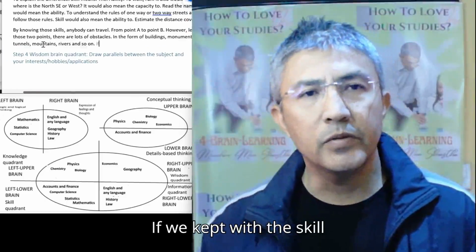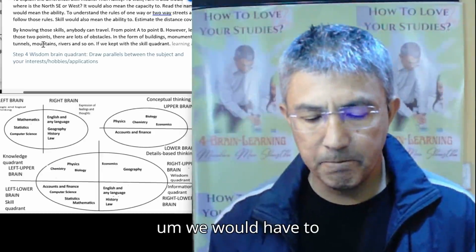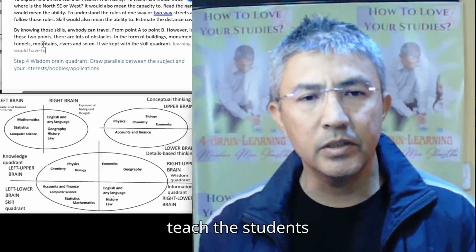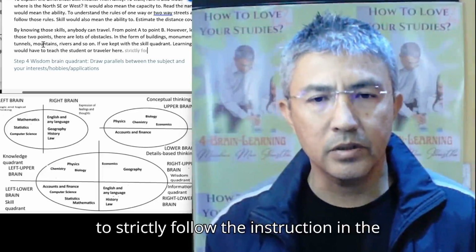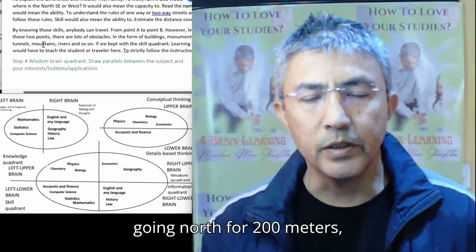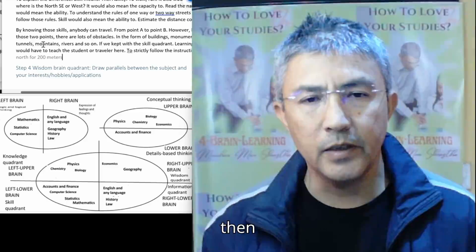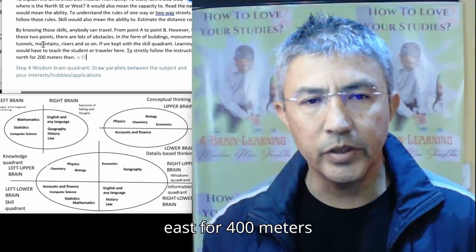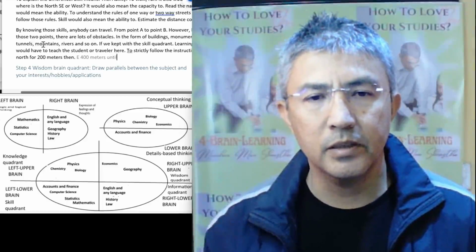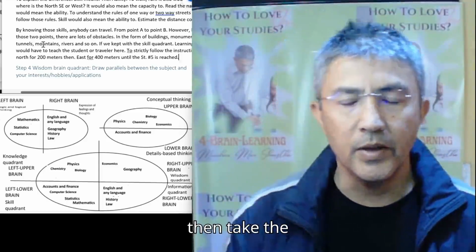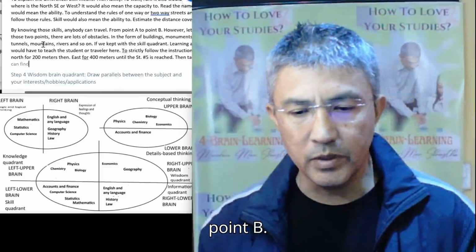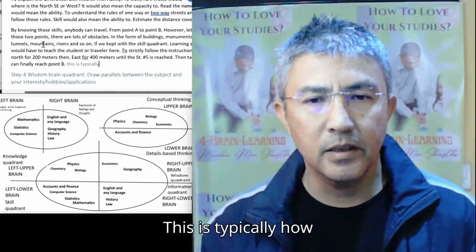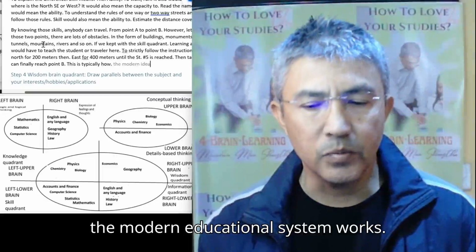If we kept with the skill quadrant learning approach, then we would have to teach the traveler here to strictly follow the instruction in the form of going north for 200 meters, then east for 400 meters until the street number 5 is reached, then take the north where you can finally reach point B. This is typically how the modern educational system works.